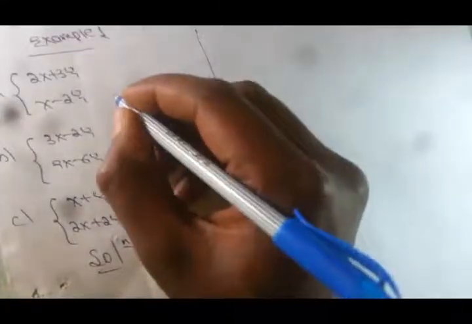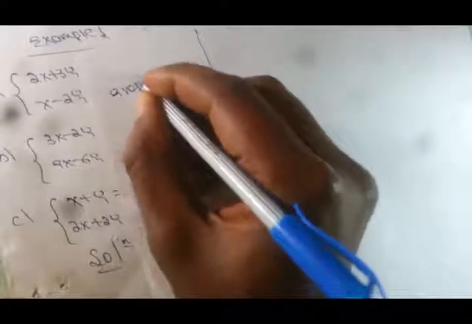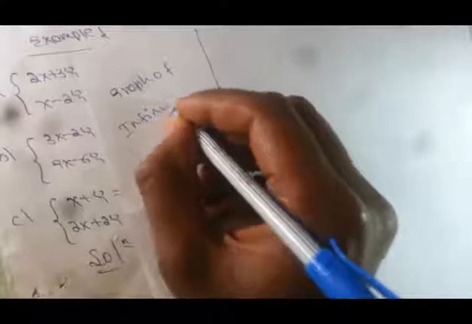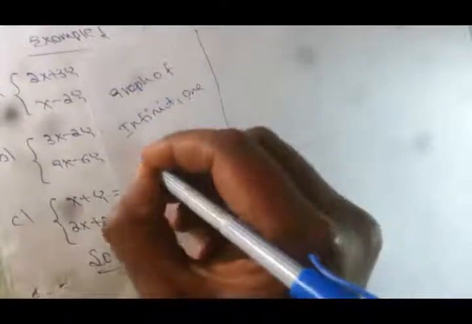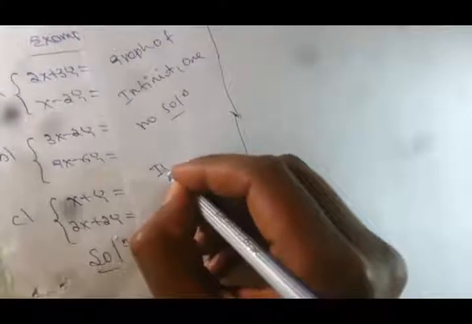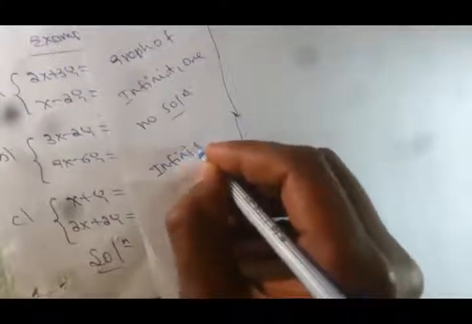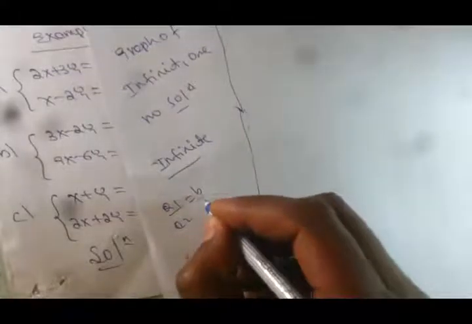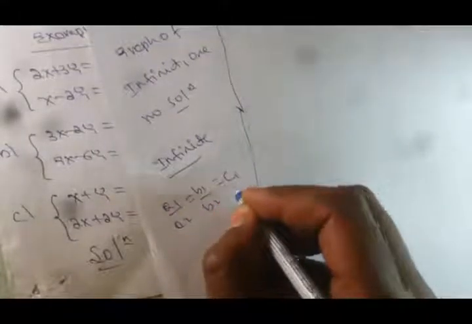And now we are going to talk about the graph of infinite, one, and no solution. For infinite solution, we know that a1 over a2 equals b1 over b2 equals c1 over c2.